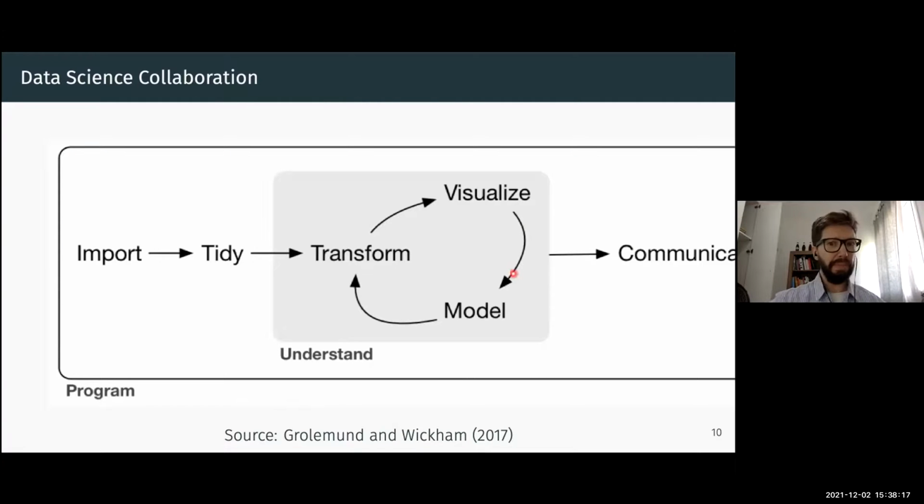And sometimes, even in this part, the visualization, the modeling, the transformation of data, and the understanding of the problem cannot be done only by the data scientists. We need to talk to some expert in the field. And this is a complex task, because you need to put together 2 or more data sets.